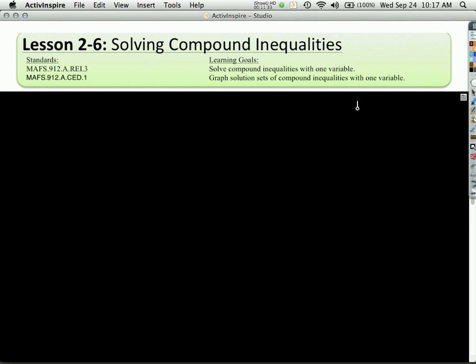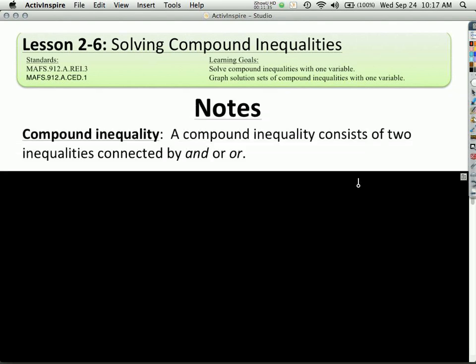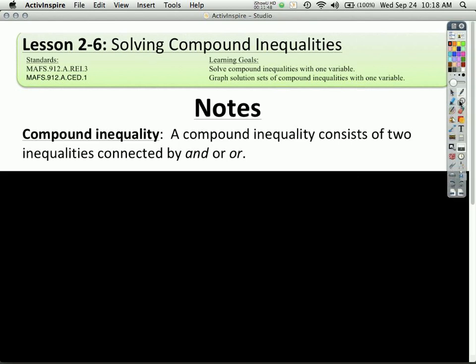So you're going to see as we work through this. In the beginning, we are going to lay some foundation, meaning you have to establish some understanding of what a compound inequality is, and then we're going to work with them. A compound inequality is basically two inequalities connected together. There's two ways to connect them.